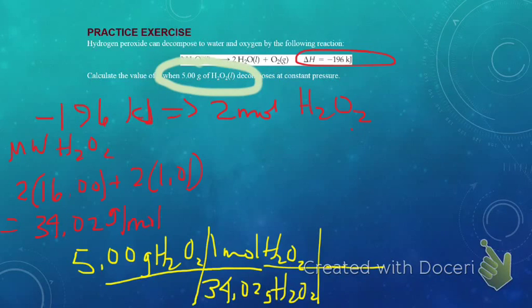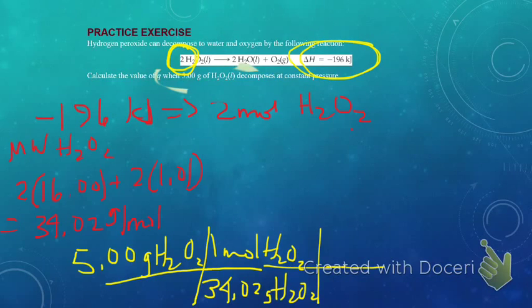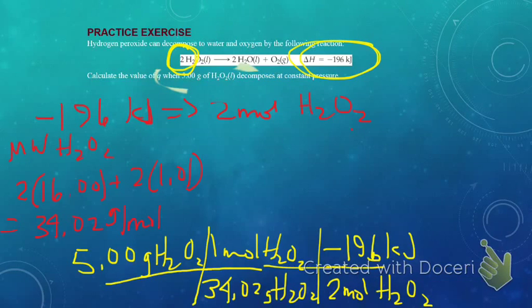But from the reaction up here, we can see that 2 moles of H2O2 gives off negative 196 kilojoules. So we have 2 moles of H2O2 gives off negative 196 kilojoules of heat.